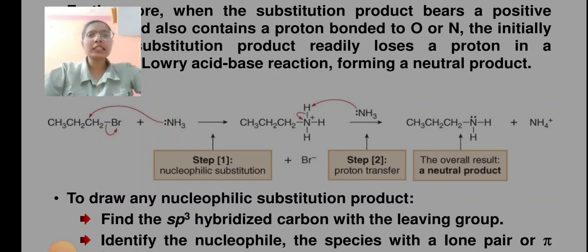When CH3CH2CH2Br is reacted with ammonia, it converts into CH3CH2CH2NH3 positive. When NH3 is reacted again, it is converted into CH3CH2CH2NH2 plus NH4 positive. In step 1, nucleophilic substitution plus Br negative. Step 2, proton transfer is seen. The overall result is a neutral product.